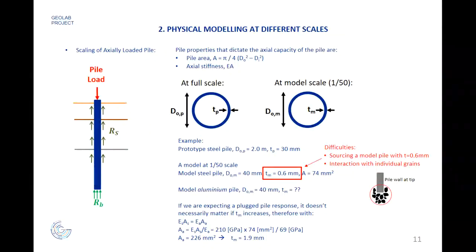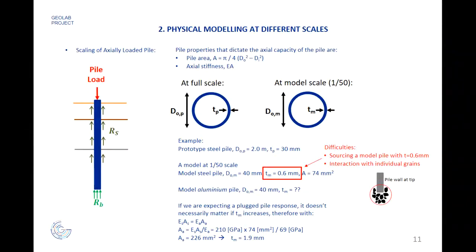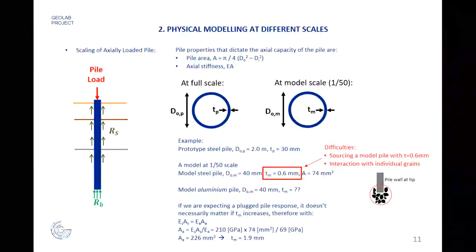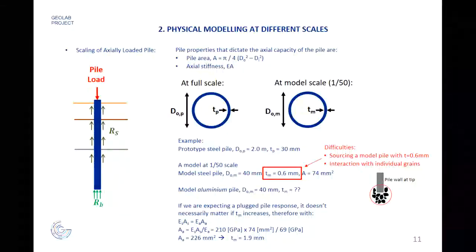Concerning small scale in a centrifuge, if we reduce the scale of a pile, we have to take into account what the main parameters are. For instance, for a vertical load, the external surface has to be scaled, because it's an important parameter, and depending on whether the pile is open or closed, we have to take this phenomenon into account. But we cannot reduce the thickness of the pile as much as we want, because we need to be able to build the pile itself.